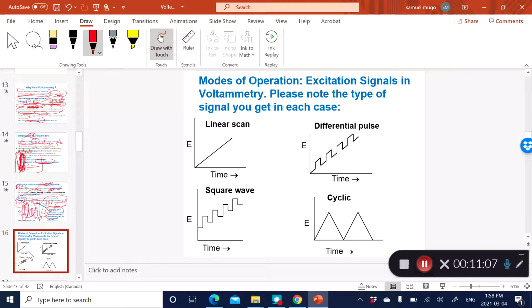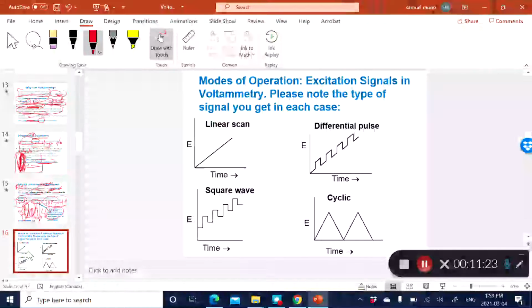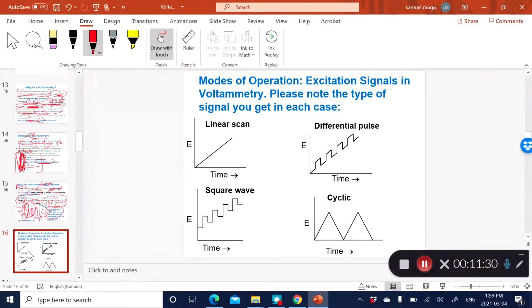So let me quickly discuss the modes of operation of voltammetry. Voltammetry can be run in 4 different modes. Now, the modes refer to how you increase or change the voltage with time. That's what the mode is referring to. And so based on that, you would get very different types of signal profiles.